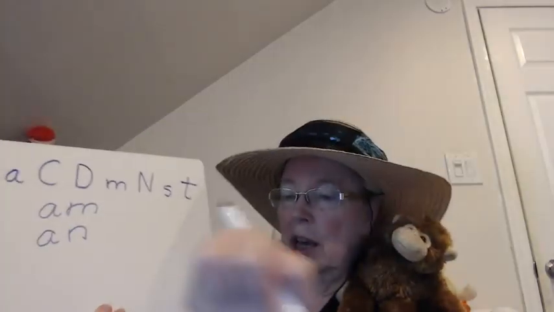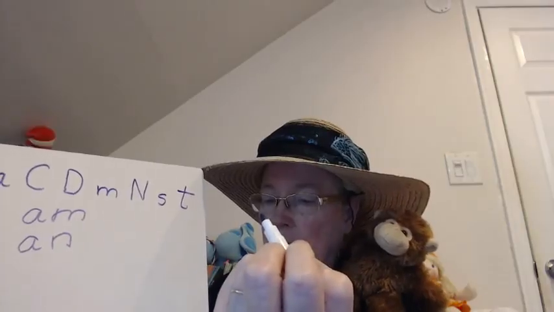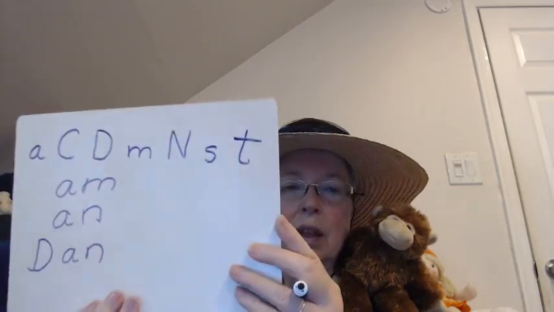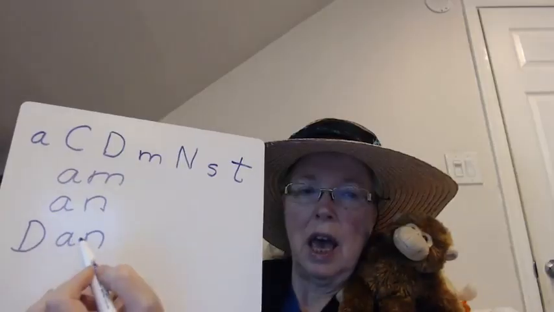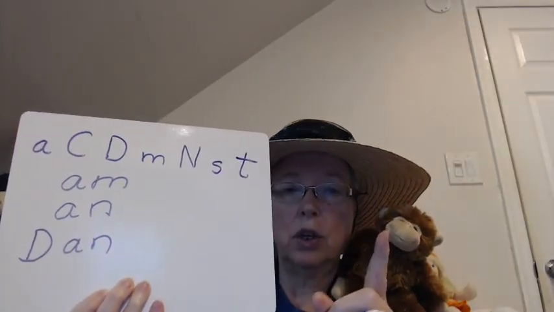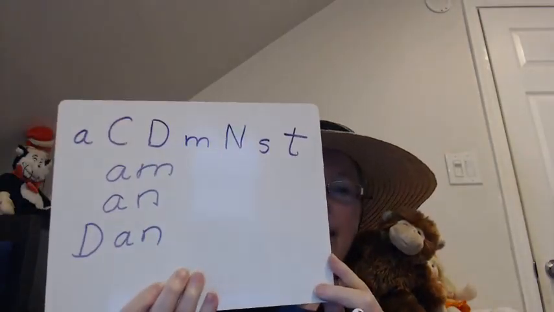So we're going to take an and we're going to put a letter in front of it. We're going to use this uppercase D. Now, instead of breaking this apart and going with d, n, we're not going to do that, because you should know that an is an.